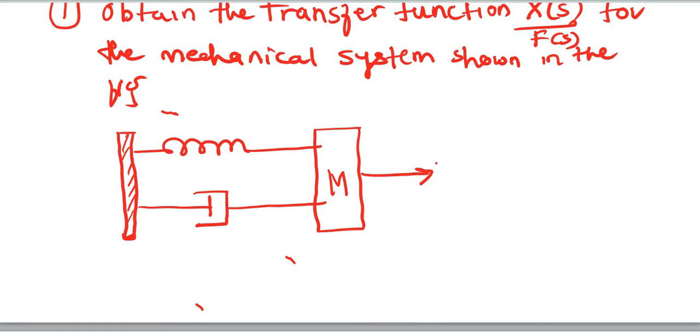An external force F(t) is acting on this mass. The spring stiffness is K and the damping coefficient is Fv.